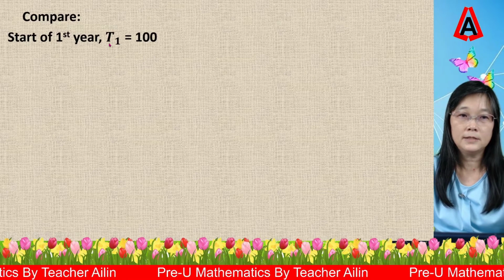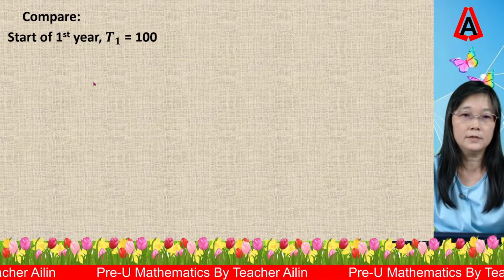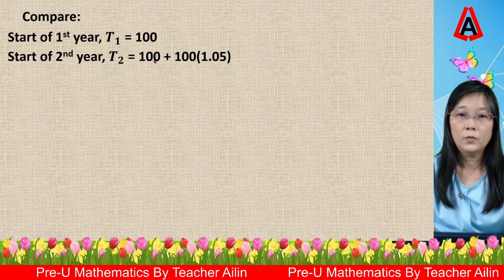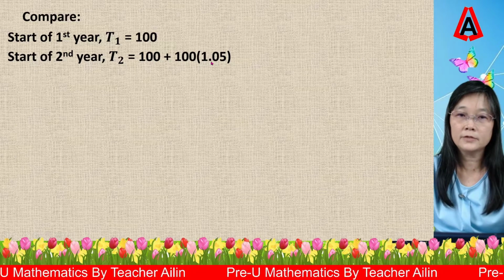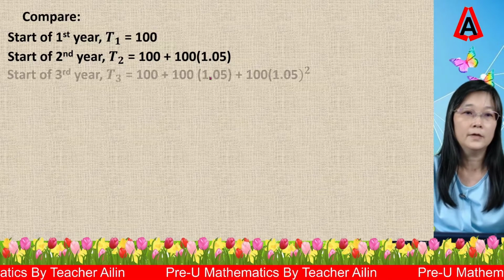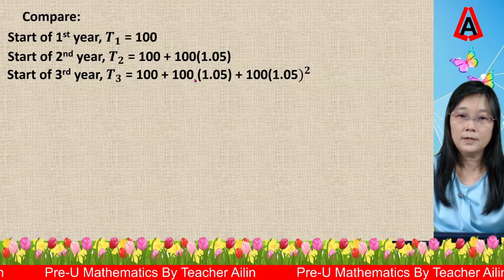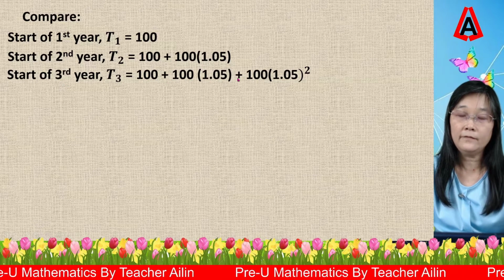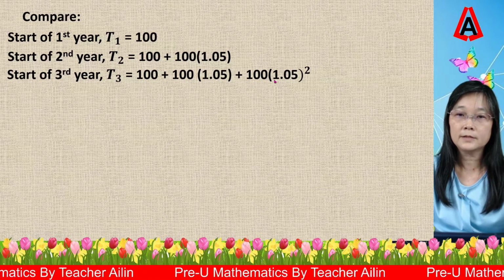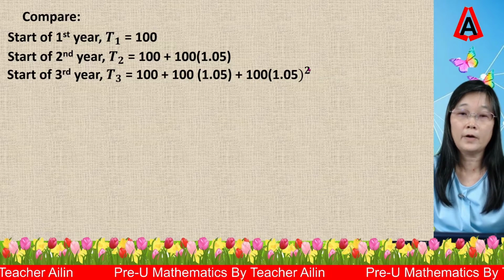So this is the year 1 investment, 100. Year 2: 100 plus 100 times 1.05. Year 3: 100 plus 100 times 1.05 plus 100 times 1.05 power 2.